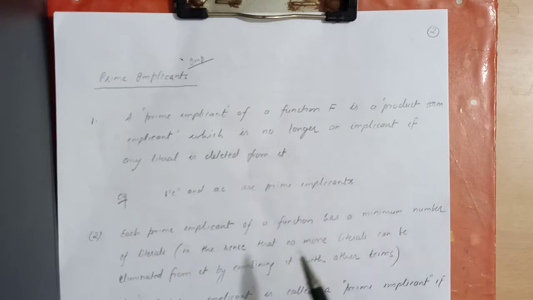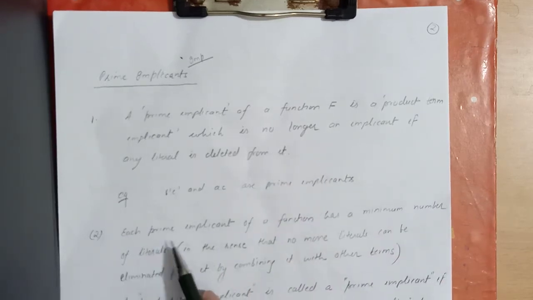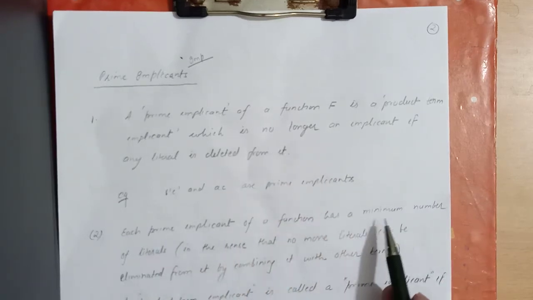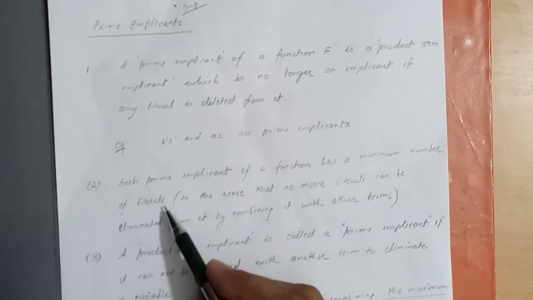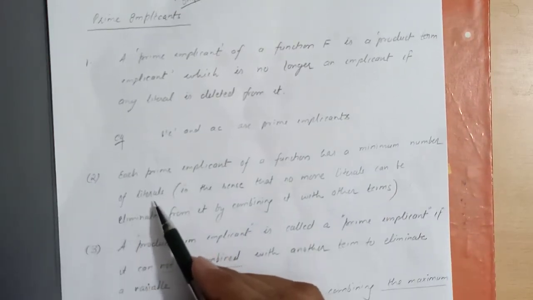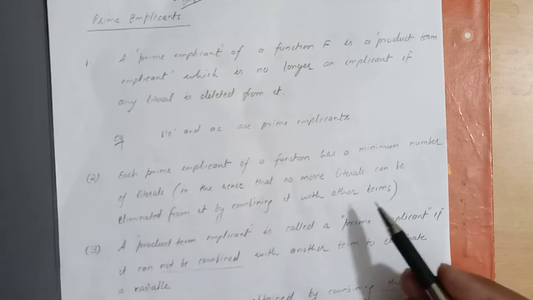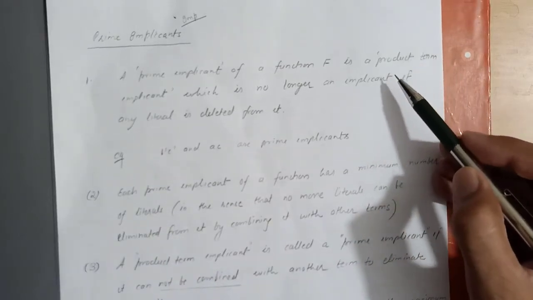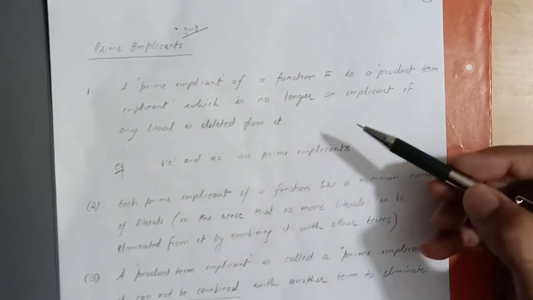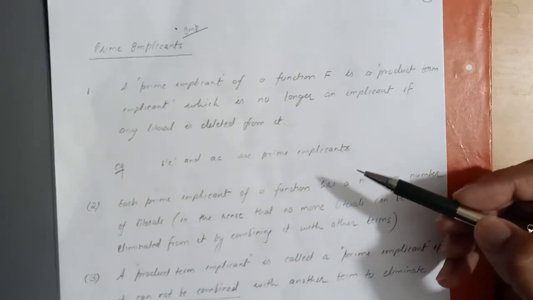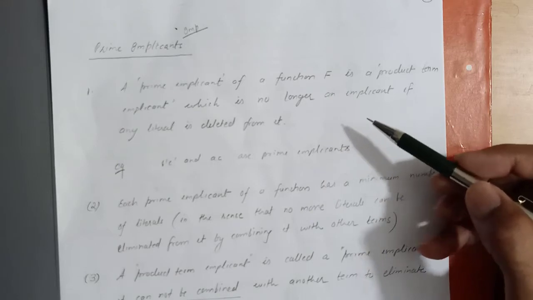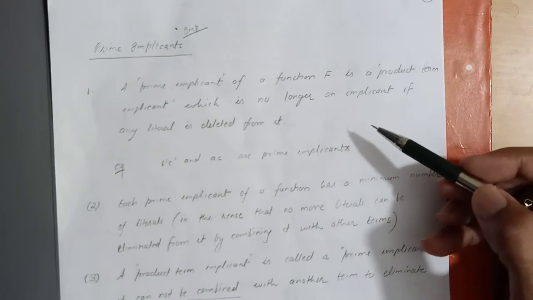That means each prime implicant of a function has a minimum number of literals. Each prime implicant of a function has a minimum number of literals. Do remember, any implicant is called a prime implicant if we cannot delete any literal from that implicant.